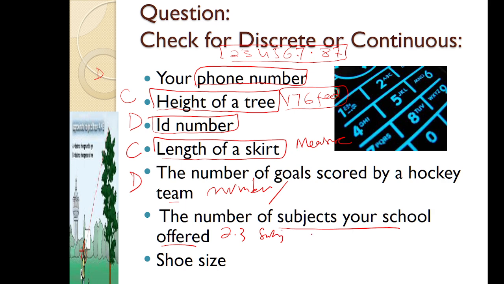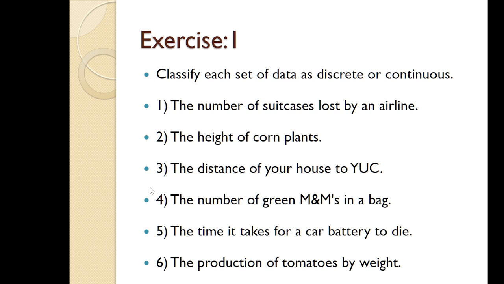It can be either chemistry or math or physics or whatever, so it has to be a discrete number, right? And your shoe size has to be measurement data, in which it can be maybe 23.4 millimeters or centimeters or whatever, right? So it's continuous. Now I hope you are quite clear on how to classify data.